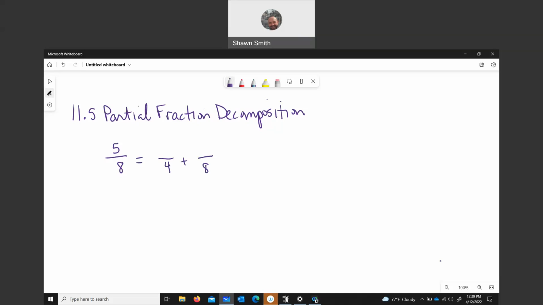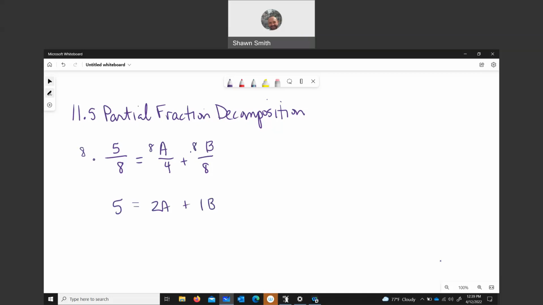So I could say there's some number, let's call it a, and some number b here, to where if I multiply everything by 8, I'll clear out this equation, right? So I would have 5 is equal to 2a plus 1b, right?